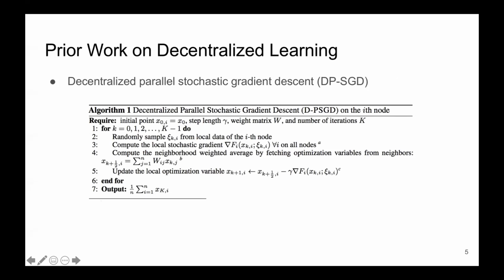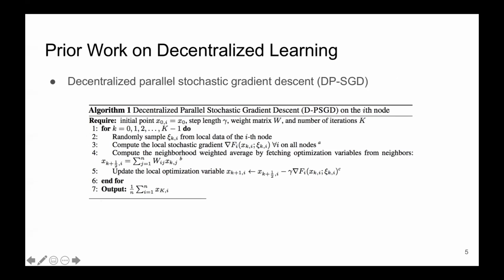And you can see this is a for loop here. That means this algorithm is a synchronous parallel algorithm. That means all nodes here are usually synchronized by a clock.